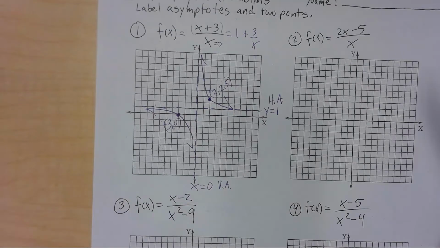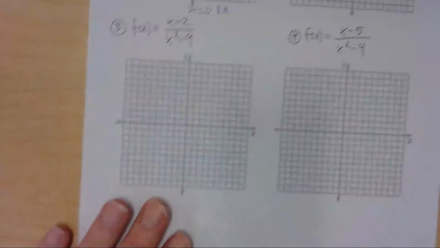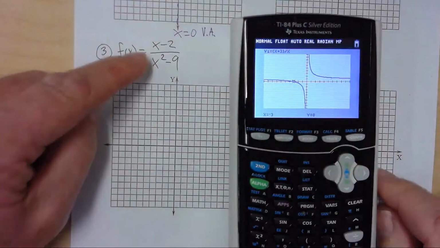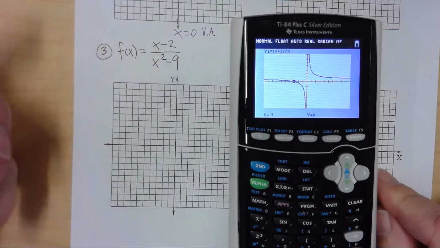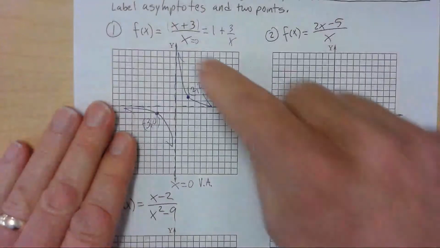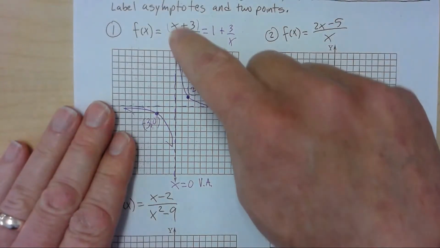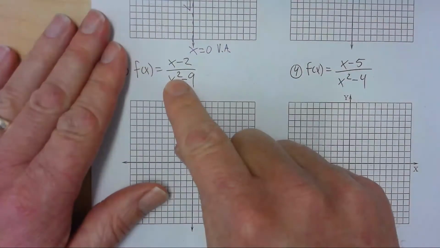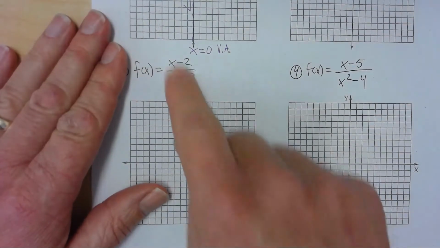So you do the same thing with number 2. Number 3, this doesn't divide into there. If you notice a pattern with this, when the exponents are the same, like that's x to the first, that's x to the first, we can divide. But when the exponent is larger on the bottom than the top, you can't divide it.